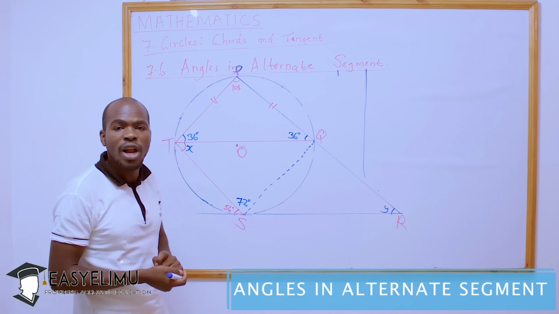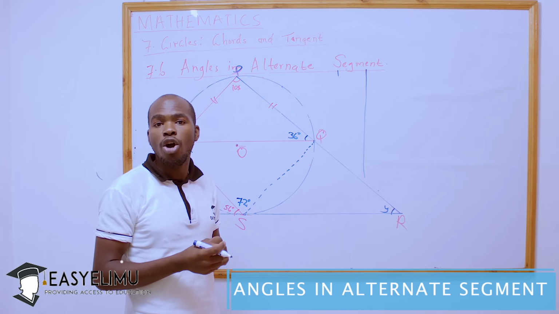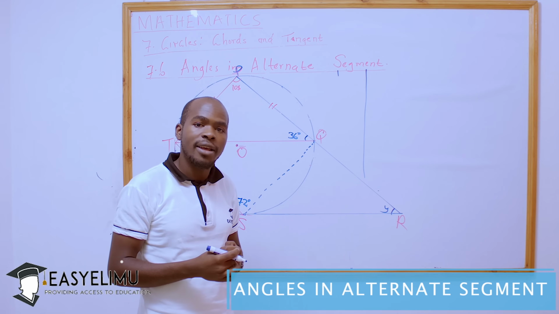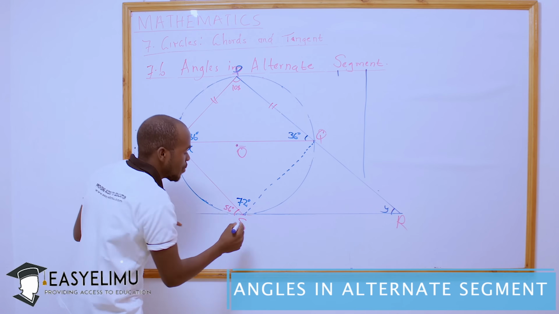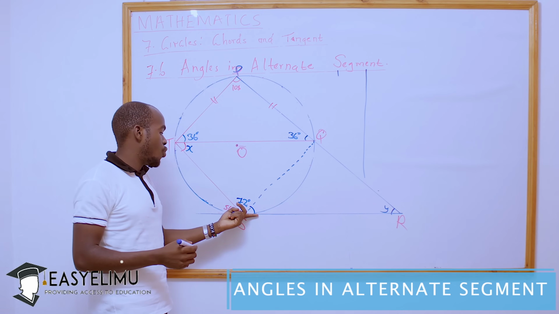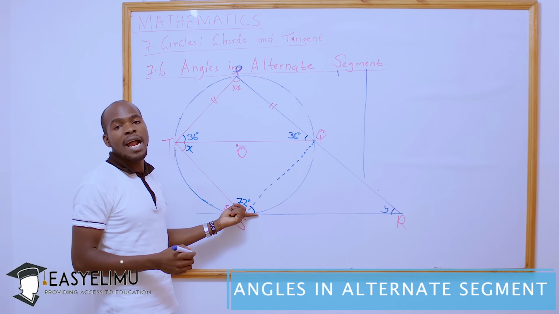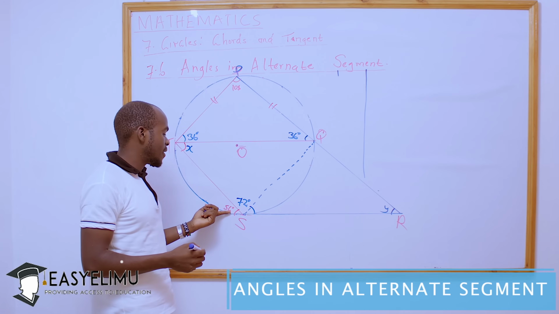Remember, adjacent angles on a straight line always add up to 180 degrees. Here we are having 56 degrees and 72 degrees, with this angle remaining. So to get that angle, we need 180 degrees minus 72 minus 56.